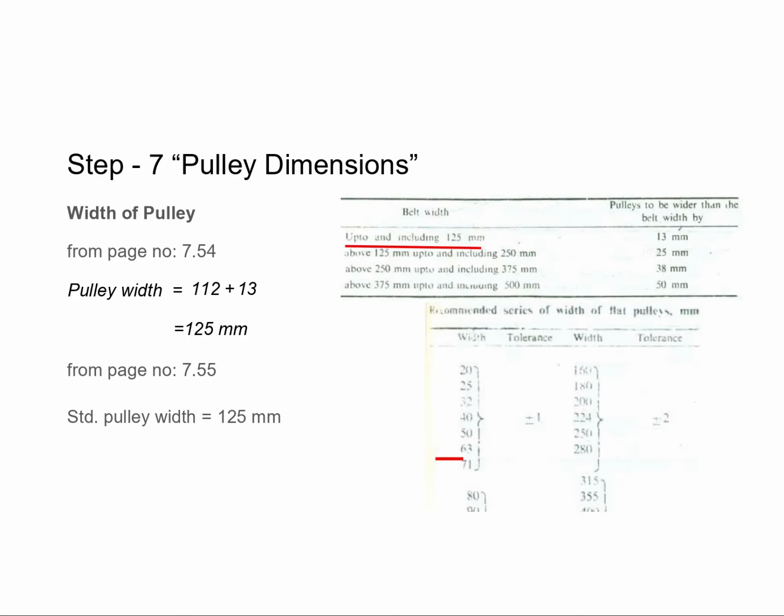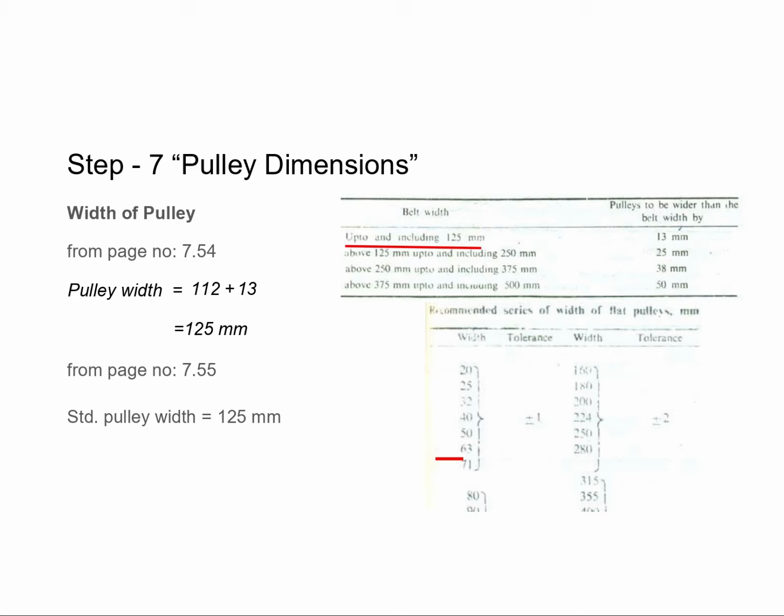Next, pulley dimensions. Width of the pulley: from page number 7.54, pulley width equal to 112 mm plus 13 mm, that is equal to 125 mm. On page number 7.55, one small table is there, and corresponding to the belt width, pulley sizes are to be wider than the belt. So how much wider is given?